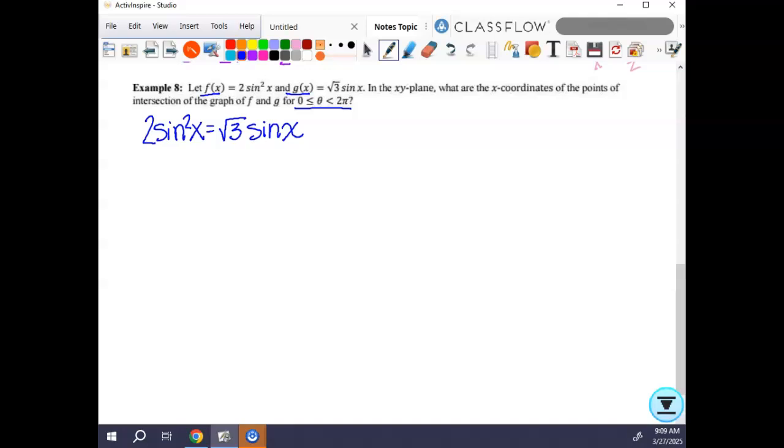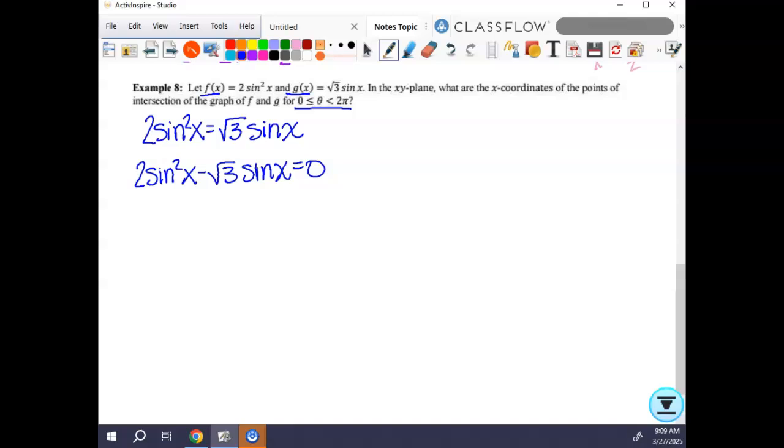So once again, I am not taking the square root of both sides because I don't have a squared equals just a plain old number. I'm also not dividing it out because that's illegal. So it's a quadratic. I set it equal to 0. 2 sine squared x minus the square root of 3 sine x equals 0.